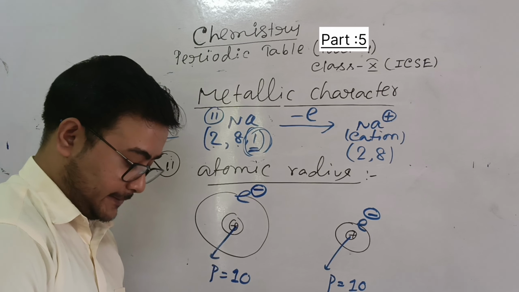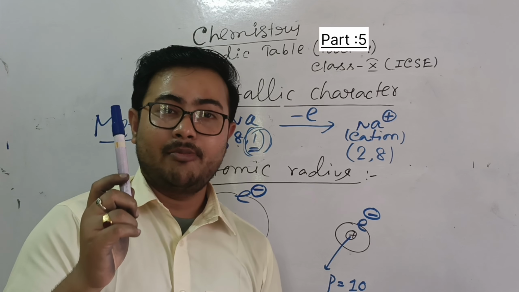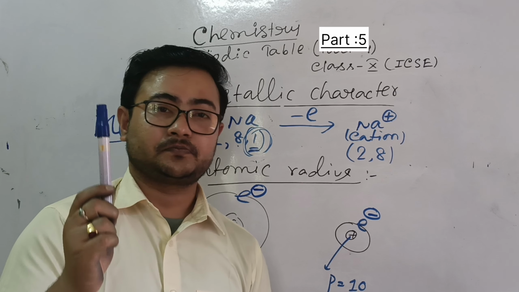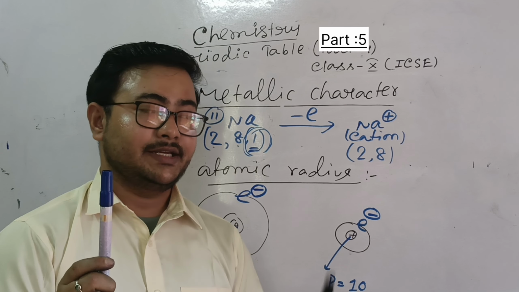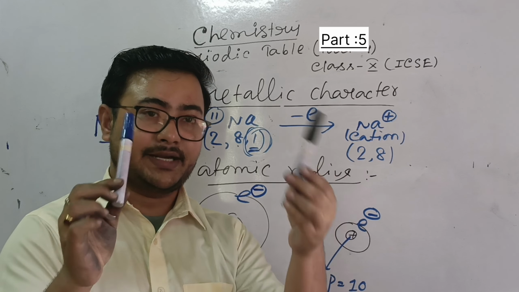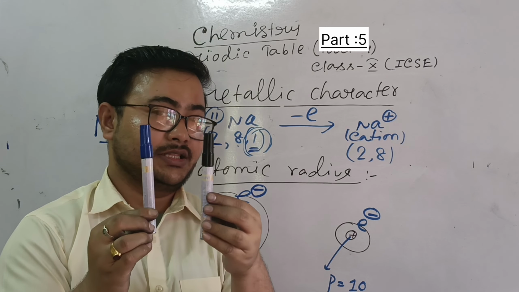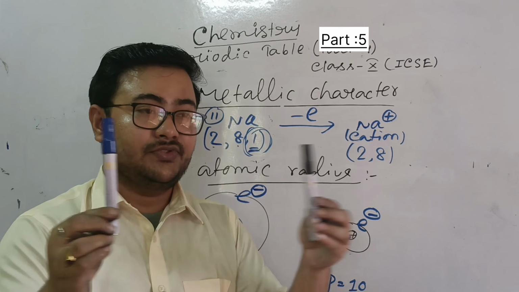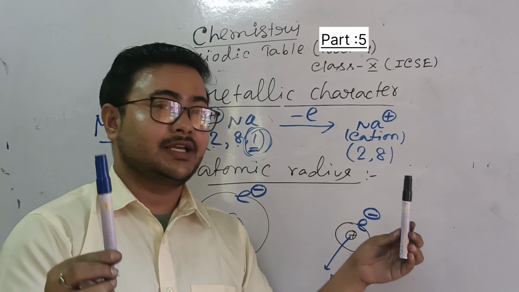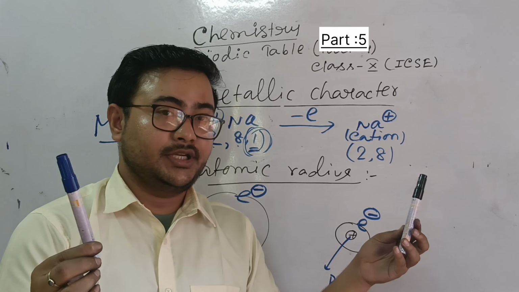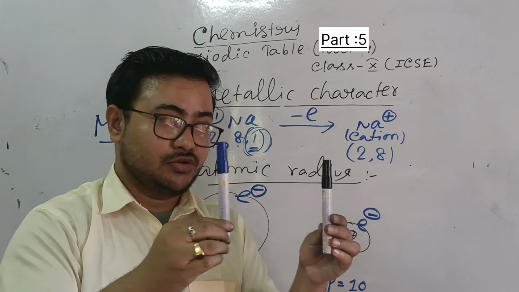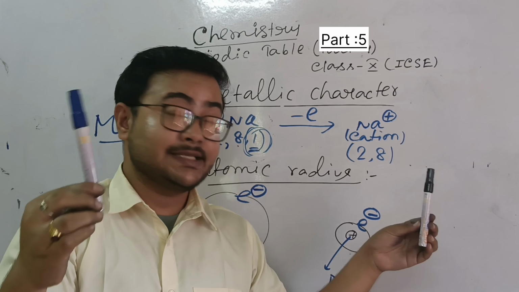But try to understand. Suppose it is a magnet and an iron. If they are close to each other, then there is more attraction force. If they are apart from each other, then the attraction force becomes weaker. So more distance, less attraction.